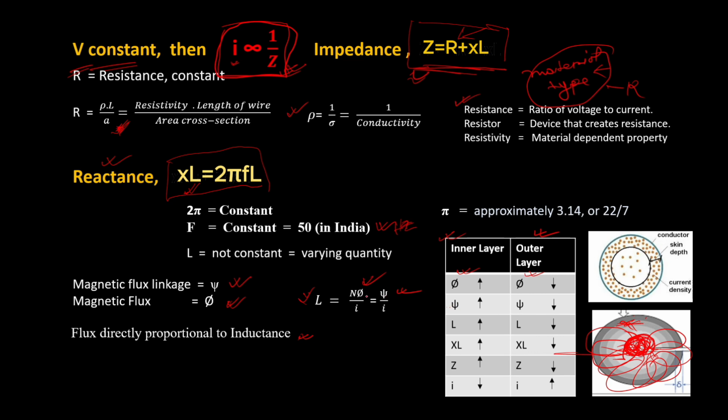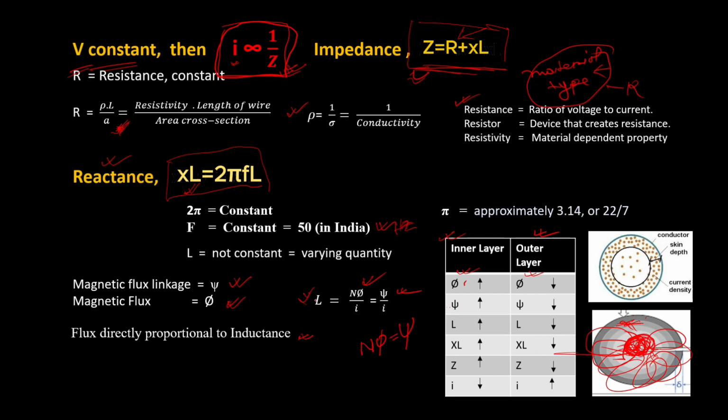From the equation, L is equal to n phi by I, so n phi is equal to psi. So if phi increases, psi will increase for the inner layer.